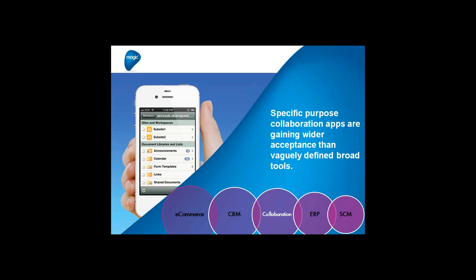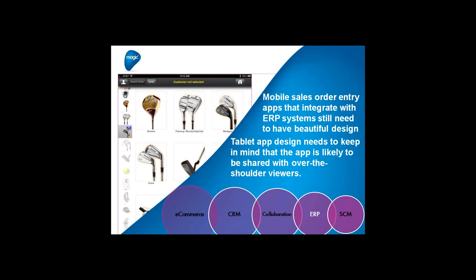There are also a lot of specific purpose collaboration apps that we're seeing gain wider acceptance than even the vaguely defined broad tools. So apps that are being built for specific business purposes and that have these collaboration features in them are also showing up on the radar.